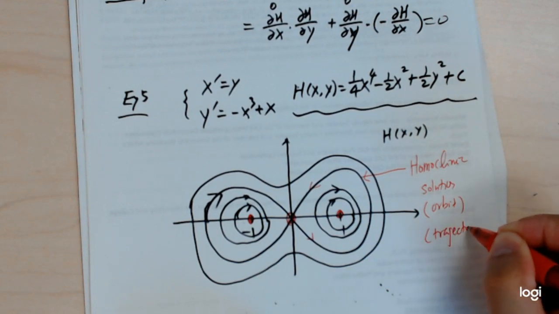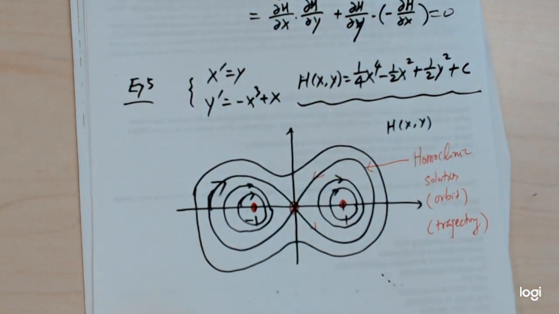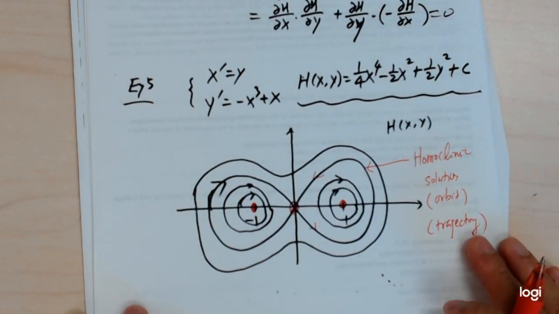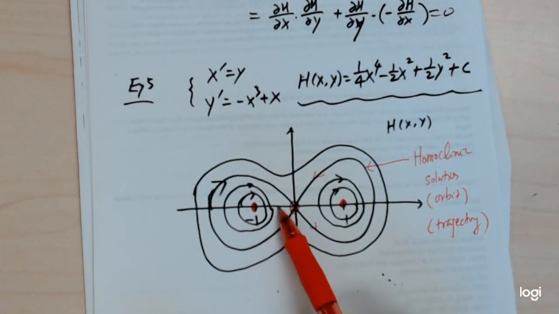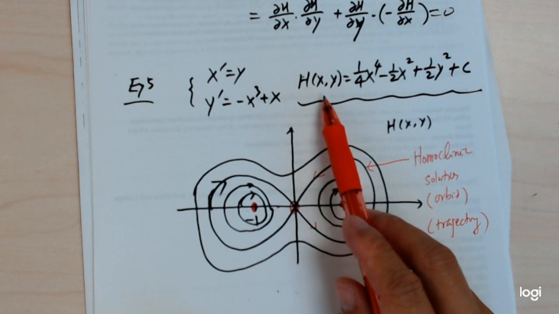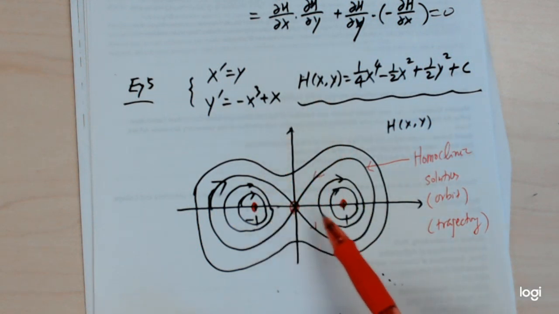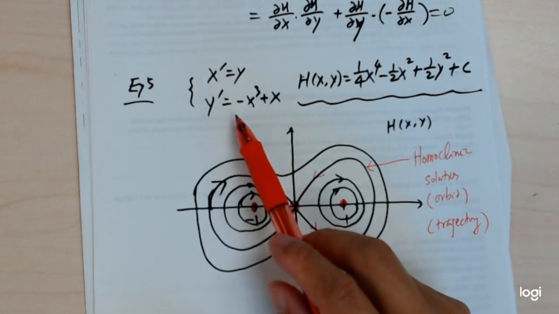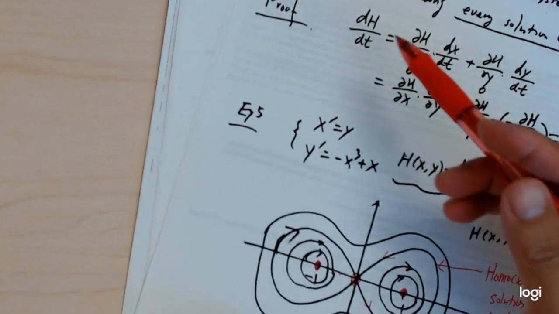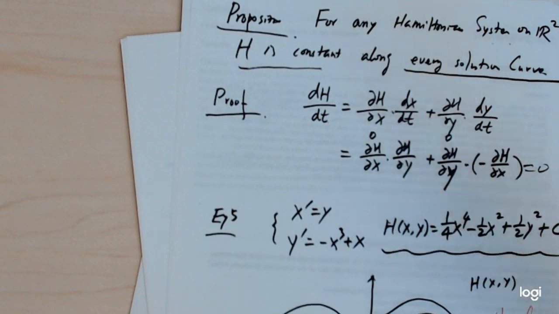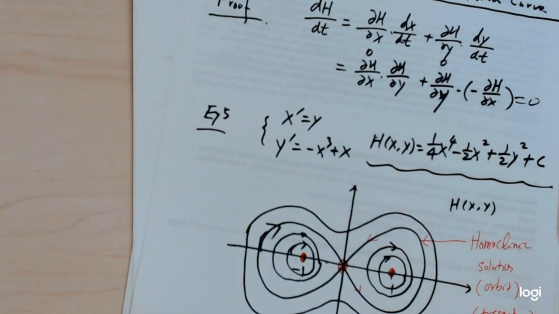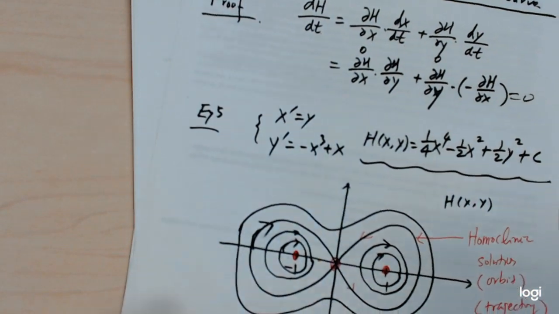Okay, these are the same concept. So the level curves for the Hamiltonian function will be the trajectory or phase portrait for the Hamiltonian system. That's what this theorem, this property, is trying to tell you. Okay, so that's that.